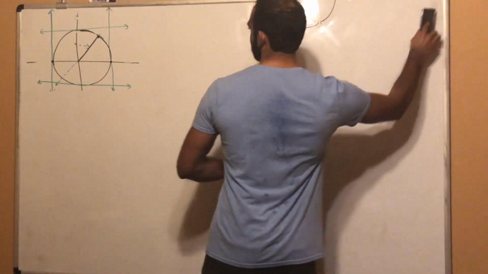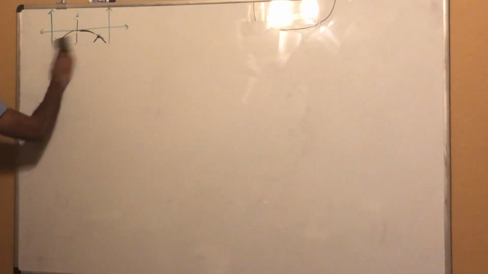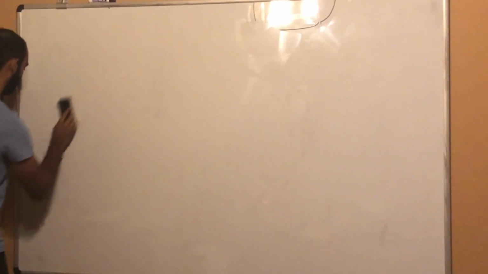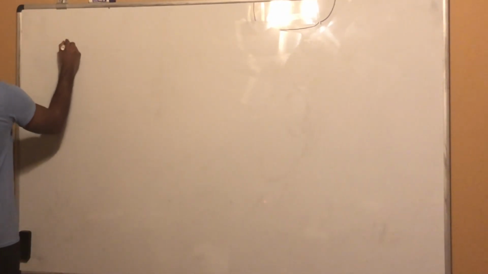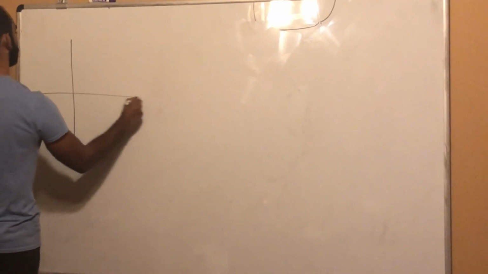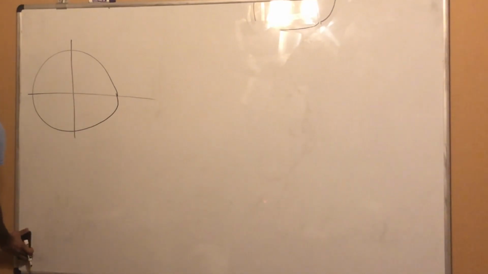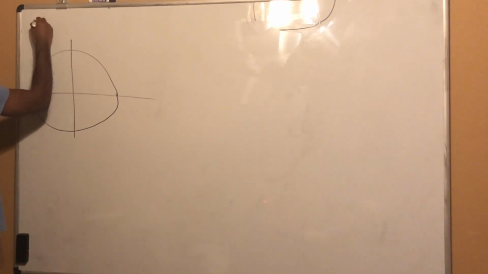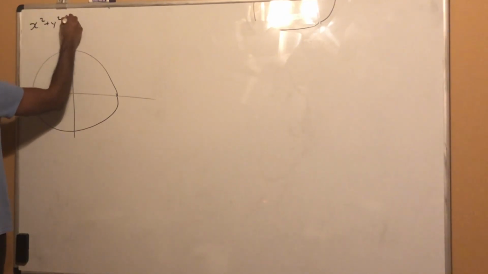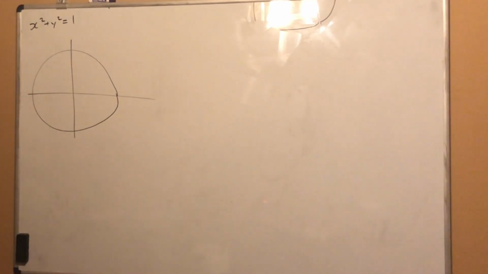So let's draw the circle again without all the lines. Again, it's a unit circle, so let's say x squared plus y squared is 1. You may think, how can I say y is just one definite function of x?